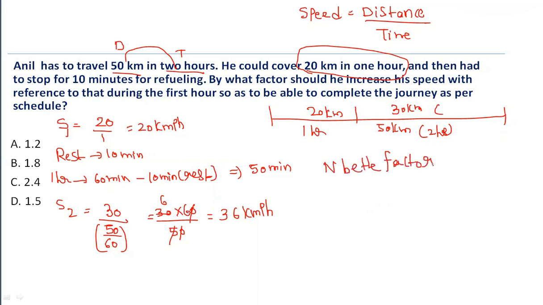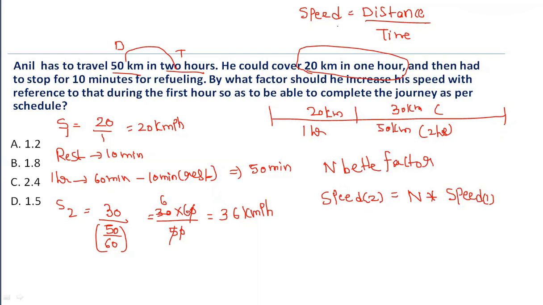If N is the factor, then the second speed S2 is related by a factor to speed 1. In the question, they're asking by what factor he should increase his speed.